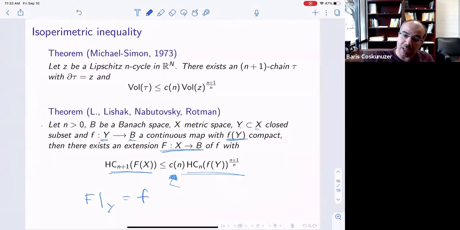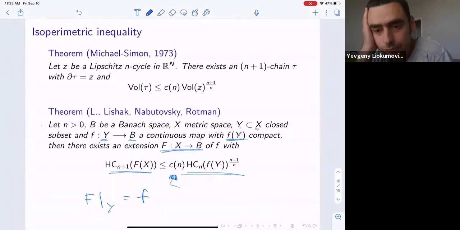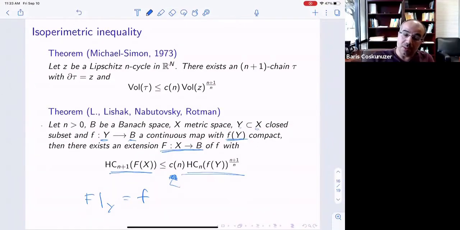So if I give you an n-manifold, its Gromov filling radius, whatever it is, gives a lower bound for its persistence in Vietoris-Rips complex language. This is Facundo and his collaborators' result.